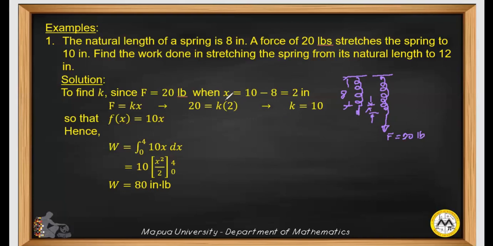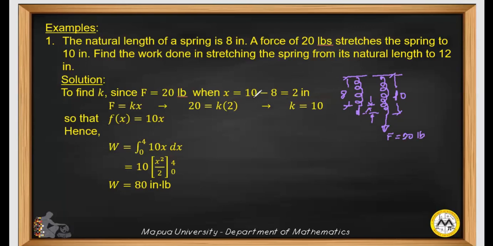So x is equal to 10. Take note that this is 10 after applying the force of 20 pounds, and 10 minus 8, which is the natural length, will give us the elongation of 2 inches.